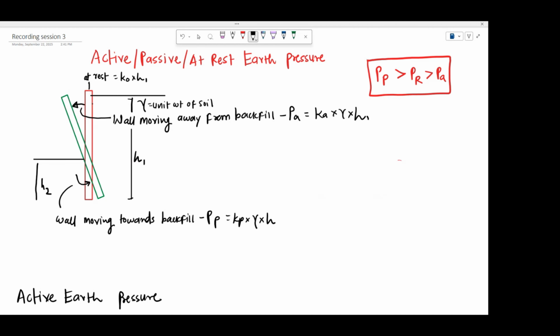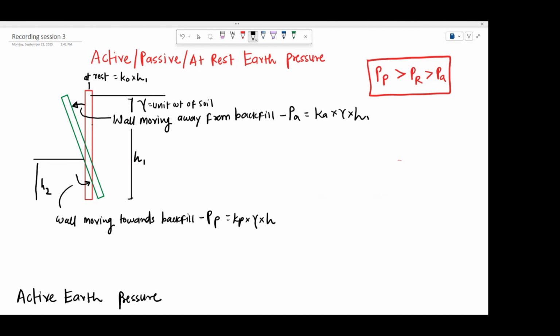When your retaining wall is not having any movement and it is at its original position, the lateral pressure that the backfill will exert on this wall will be your at rest earth pressure coefficient multiplied by the unit weight and the height of backfill.